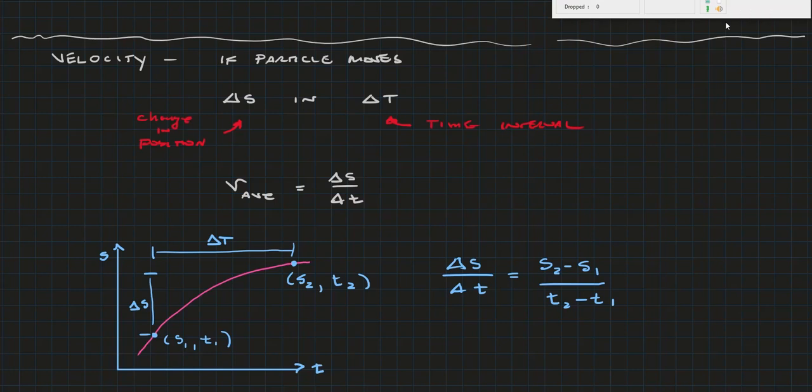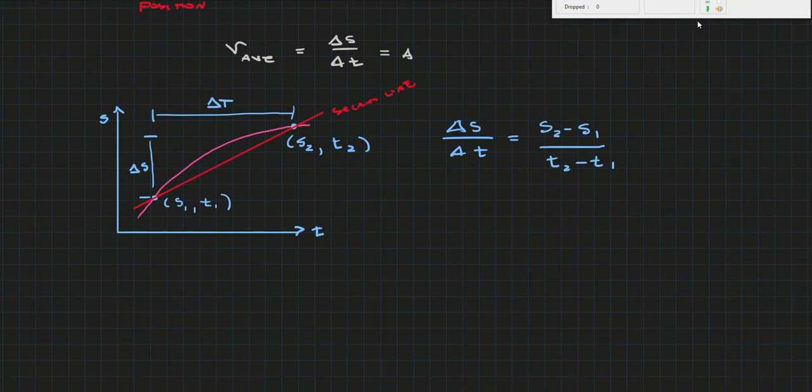If I connect these two points with a secant line here, we recognize this as the average rate of change of s, or the average velocity.